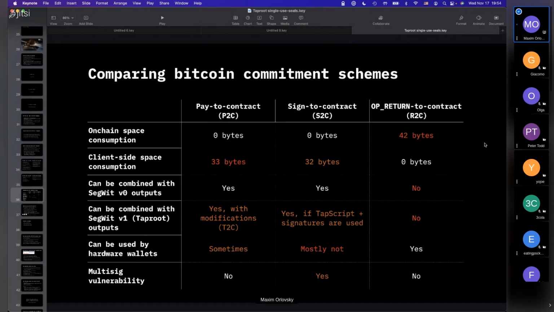They're using basically a sign-to-contract scheme with Liquid. And part of the problems I know from Andrew Poelstra, who described to me the problems with both pay-to-contract and sign-to-contract. So there is a high probability that there will be wallets that will be able to parse custom tweak data.